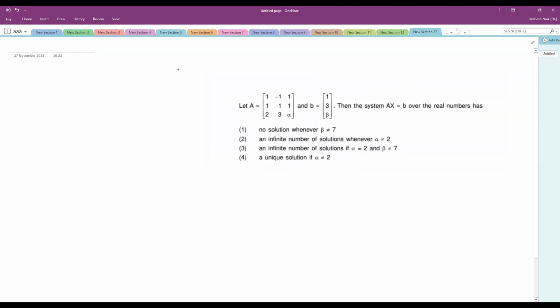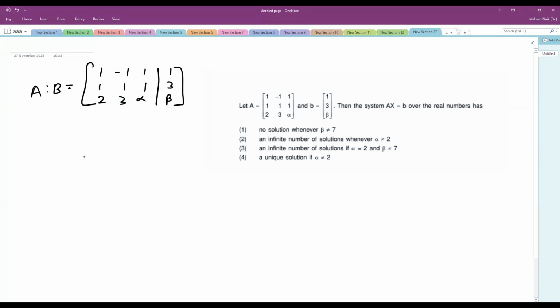So we have Ax equal to B, and we are asked about the different possibilities of the solutions. So let's write down A augmented B, which would be [1, -1, 1, 1; 1, 1, 2, 3; alpha; 1, 3, beta].